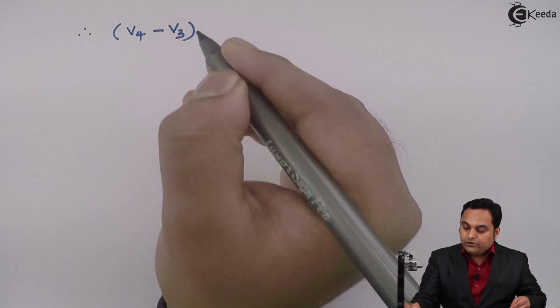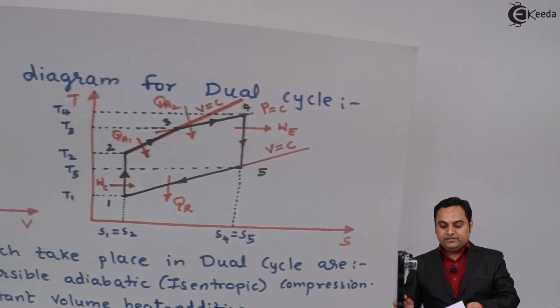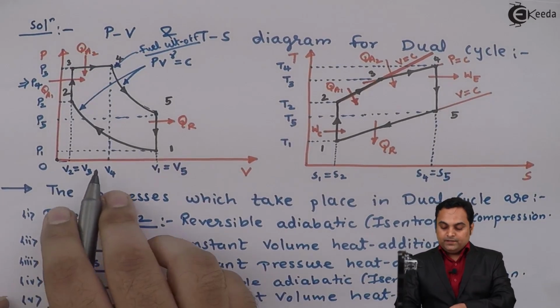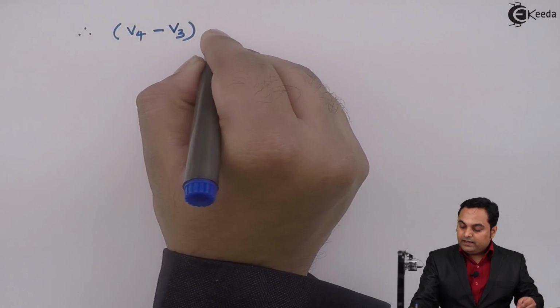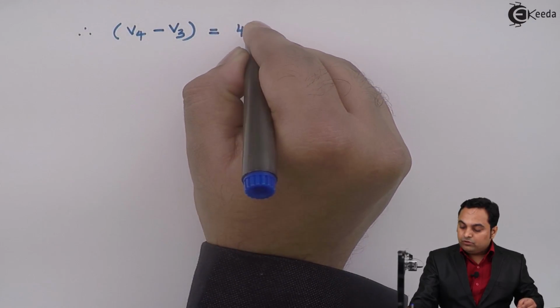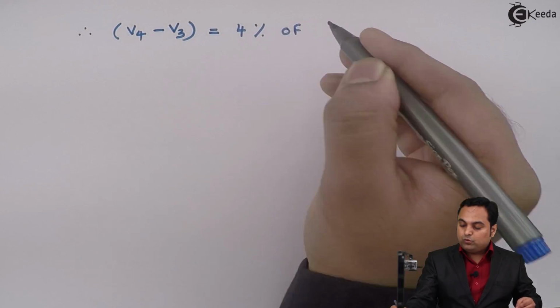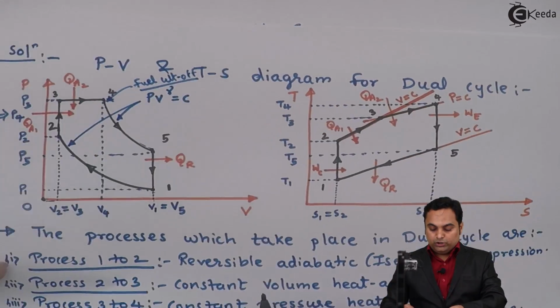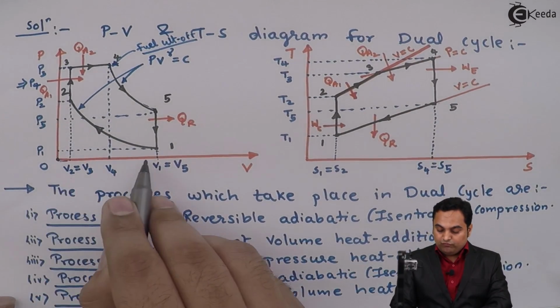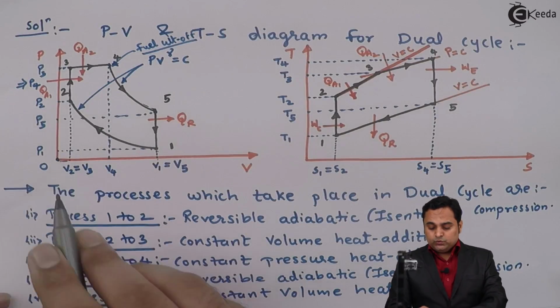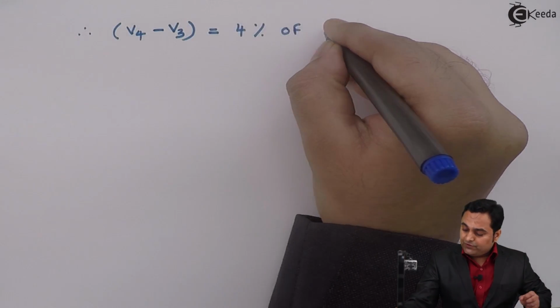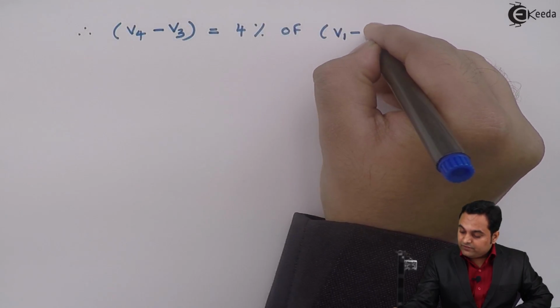So instead of V2 I'll write V3, that is V4 minus V3 is equal to the fuel is cut off at 4% of stroke volume, and stroke volume is volume 1, that is V1 minus clearance, that is V2. So 4% of V1 minus V2.